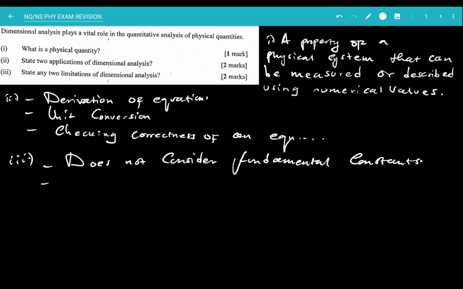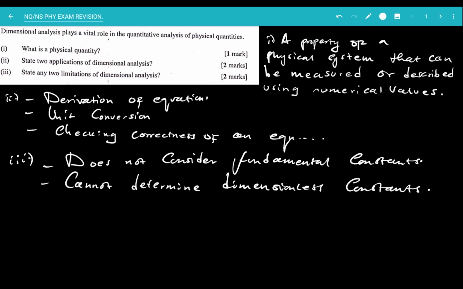Other than that, the other limitation we have is that we cannot determine dimensionless constants. Dimensionless constants can never be determined. That's one issue that's there. Even as you are doing calculations, you'd find that the dimensionless constants can never be determined. Be mindful about that.